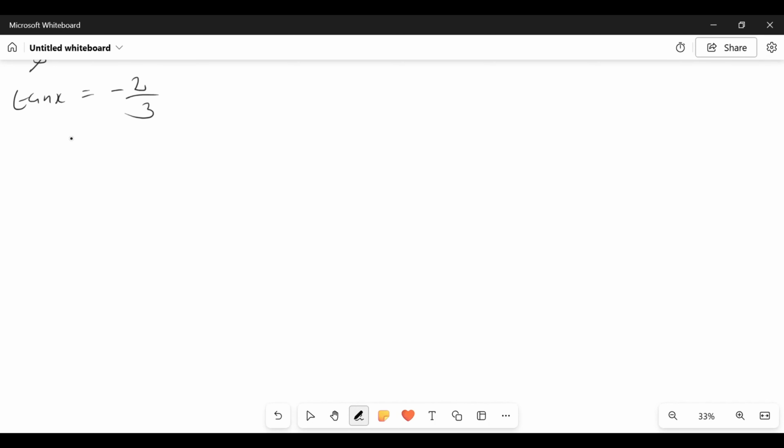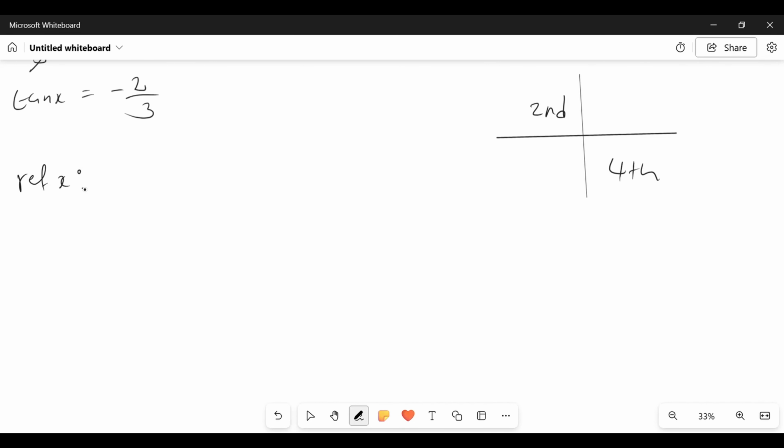Guys, this means that our x is going to be in the quadrant where tan is negative. If you still remember the CAST diagram, tan is negative in the 4th quadrant and the 2nd quadrant. In the 3rd and the 1st, tan is positive. So first of all, we need to find the reference angle, right? Reference x.